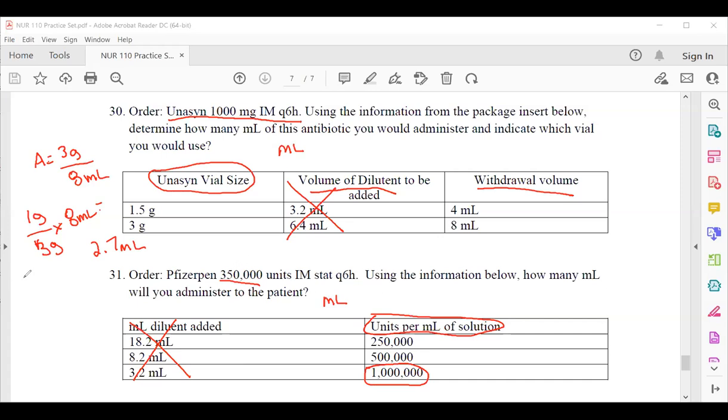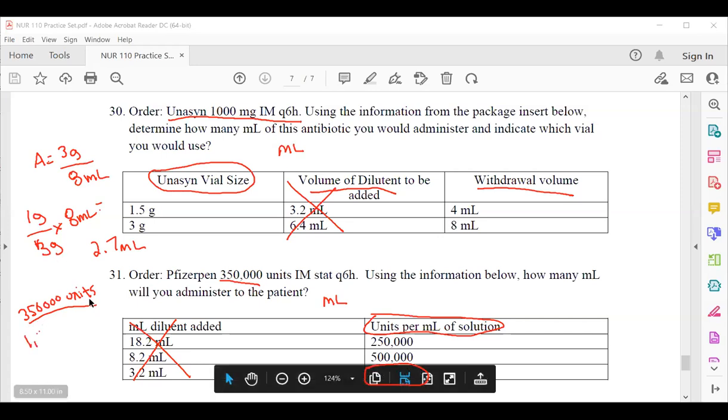And so you would take your 350,000 units over the 1 million units.